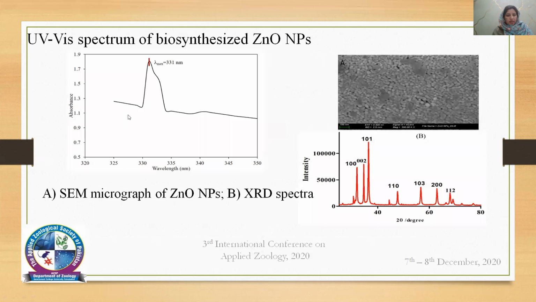This is after the synthesis of the nanoparticle. This UV spectrometry shows the peak at 331 nanometer, which corresponds to the biologically synthesized zinc oxide nanoparticle. And here we see the SEM micrograph of the zinc oxide nanoparticle, and this is the XRD of the nanoparticle, and these peaks show the elemental structure of the zinc at the nano size.